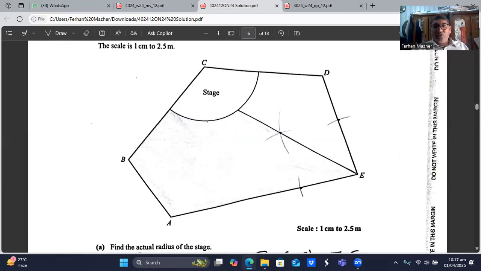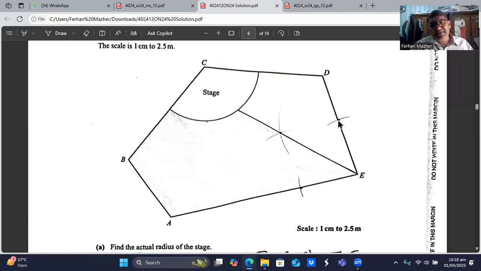Okay. So what I will do, I will put my compass here, open it, and I will mark this arc on one of the arms of that angle. I will keep the compass opened with the same radius and put my compass needle here, and I will mark an arc on this arm of that angle.